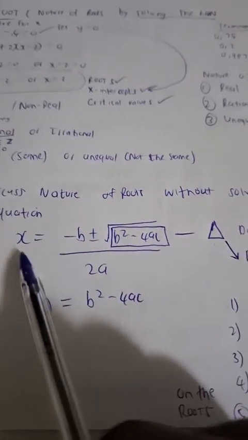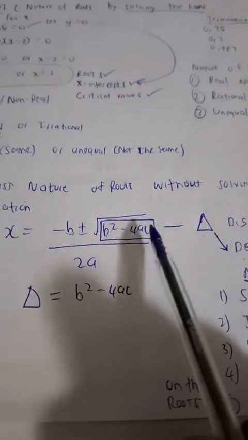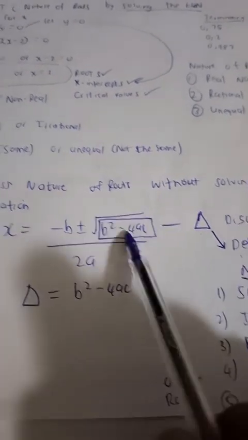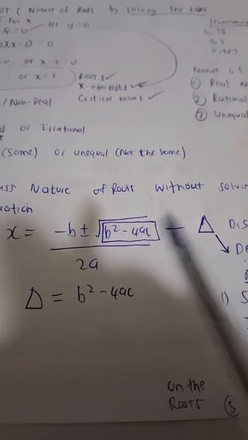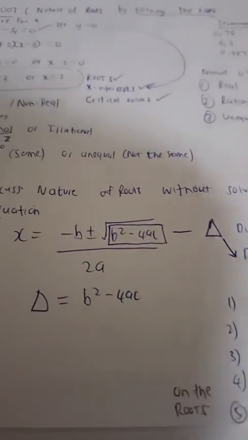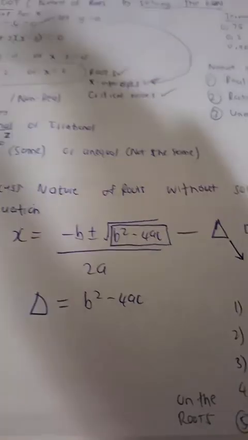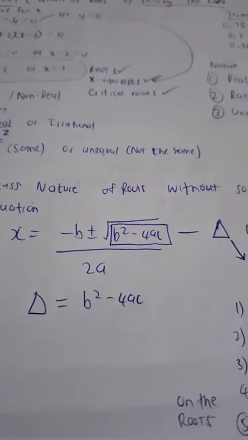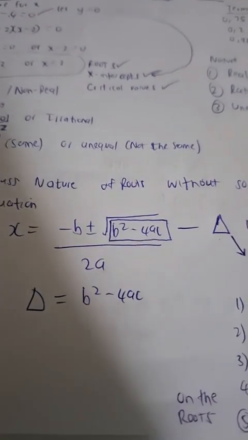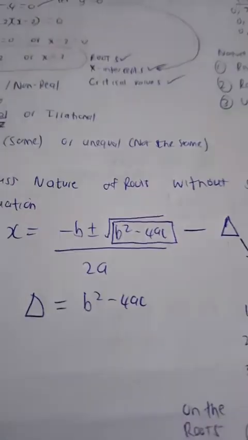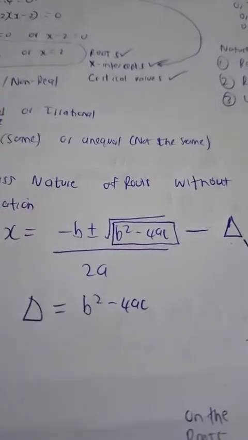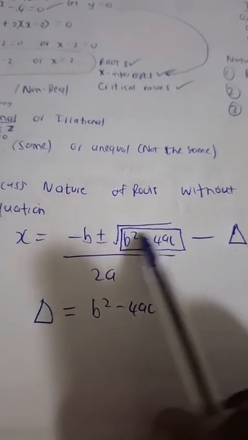But under the square root, this is basically the expression I'm always using to determine or discuss the nature of roots, to be able to decipher what the nature of the roots is. I use the discriminant, the expression under the square root.